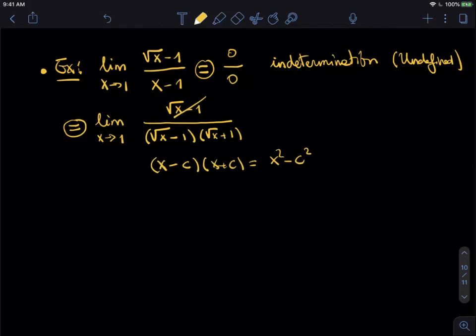But now the advantage is that there is a cancellation. That's why I was doing this. And then there is the limit of 1 over square root of x plus 1. Before, the problem was that it was minus 1, but now it's plus 1. So now we have no problem. When I take the limit of the denominator, I get 2. So this is 1/2.